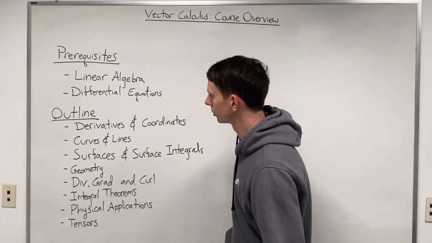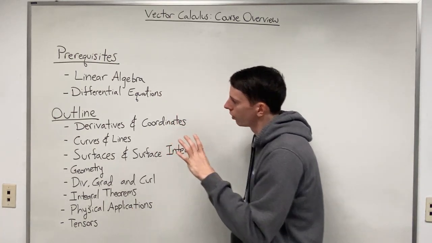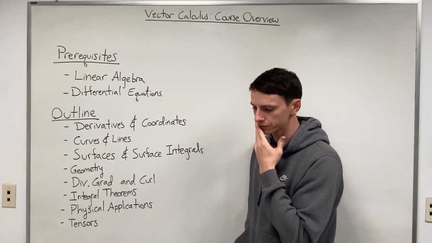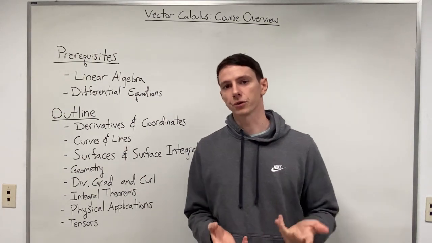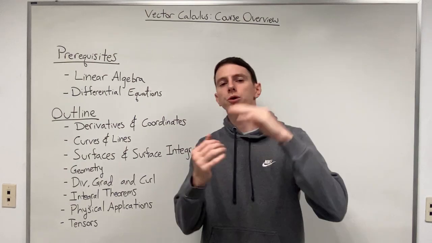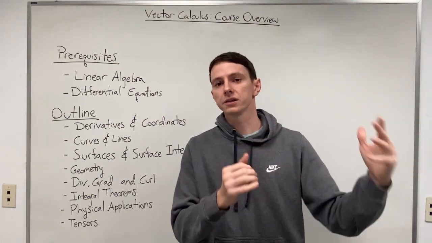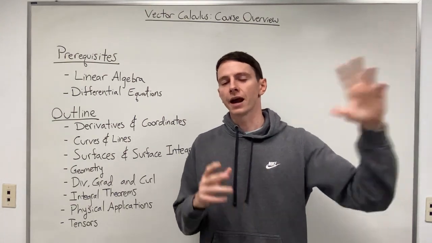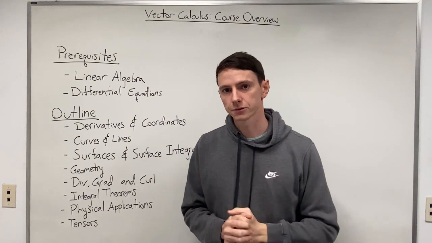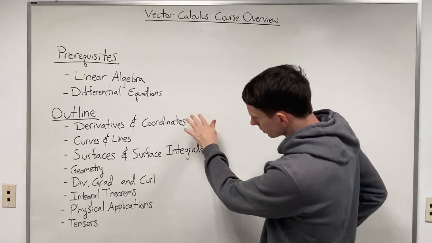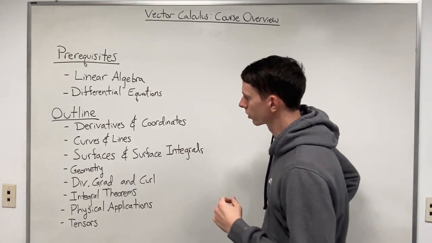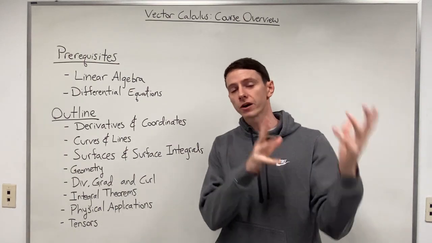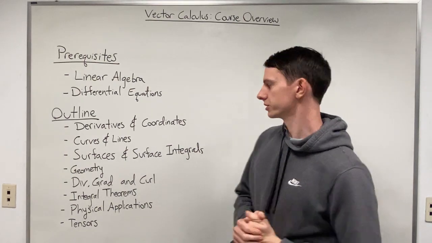Okay. So the first three all revolve around the idea of trying to generalize some of the ideas that we've learned in single variable calculus, saying how can we generalize this to vector quantities and in higher dimensions, and how do we do calculus in those dimensions? Starting with this first section on derivatives and coordinates, we're going to be looking at different types of functions that are going to show up throughout the video series.